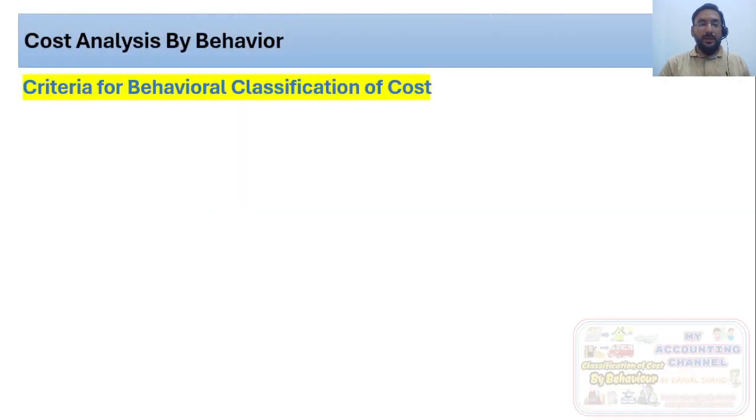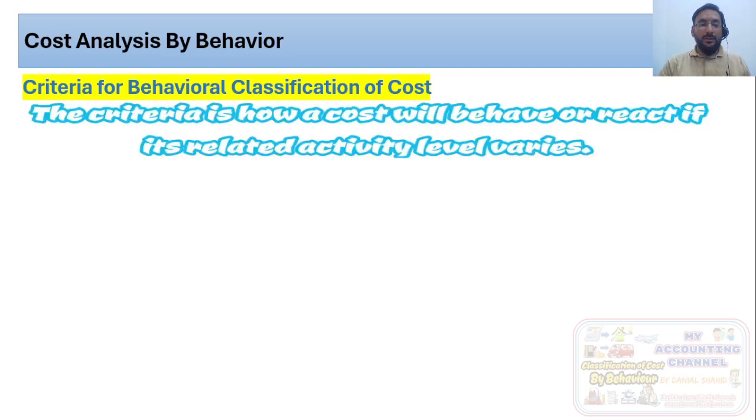So the criteria behind the behavioral classification of cost, dear students, the idea of relation of cost with the activity is now known to us. The basic idea we discussed on the last slide is that every cost is generated by a related activity, and that particular activity is responsible for that cost.